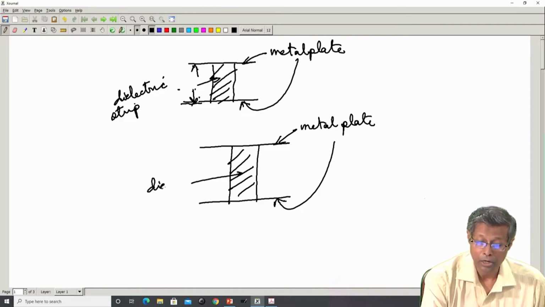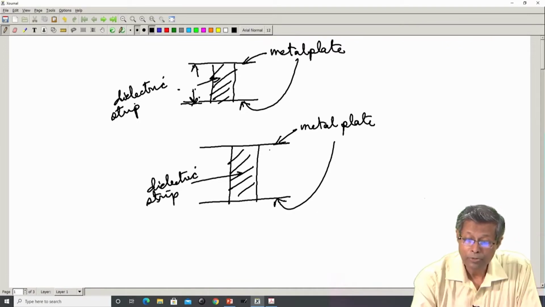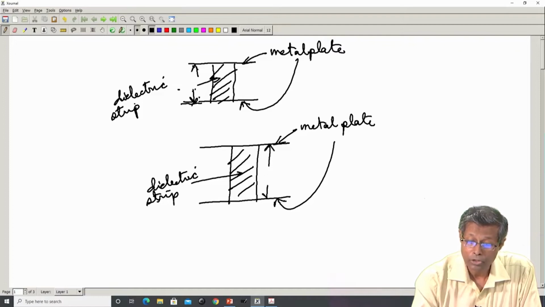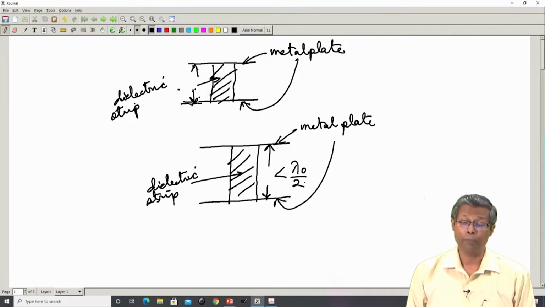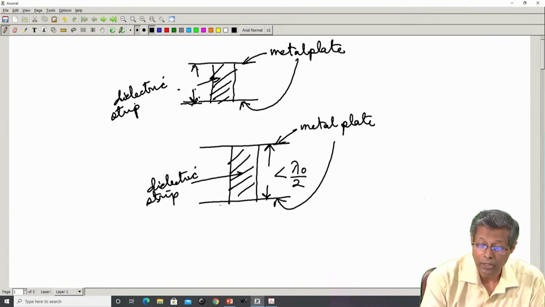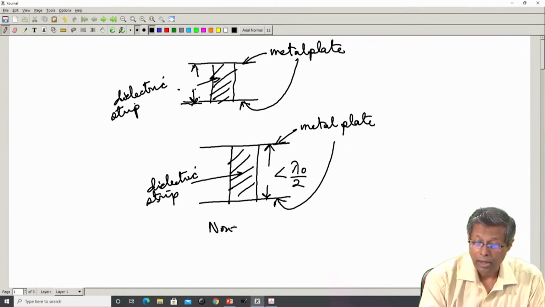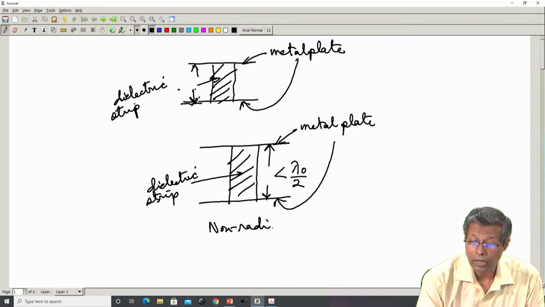So, this is a dielectric strip and the distance between the two metal plates is constrained to be less than lambda 0 by 2. Okay. So, this is principally the difference between the non-radiating dielectric guide and the traditional H guide.